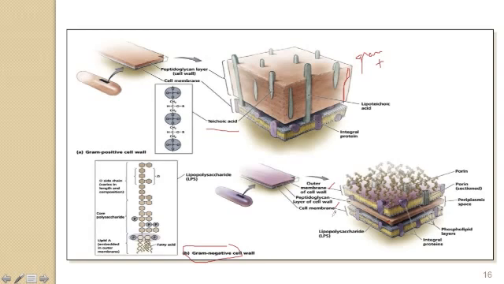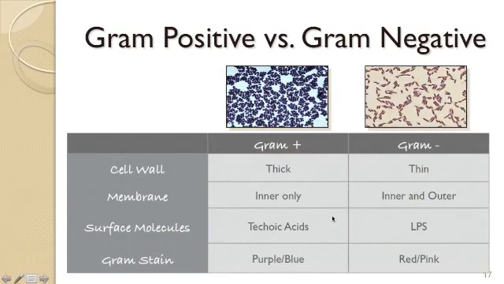And the fact that the gram-positives have a very thick cell wall, the gram-negatives have a very thin cell wall, actually plays towards how the gram stain works and how we can actually identify these things pretty quickly upon a gram stain experiment.